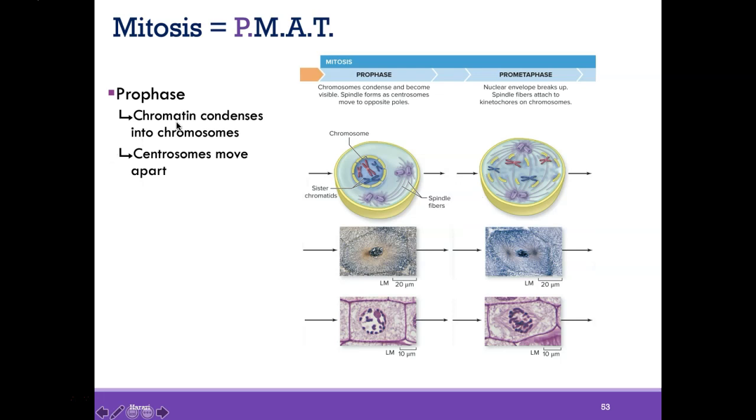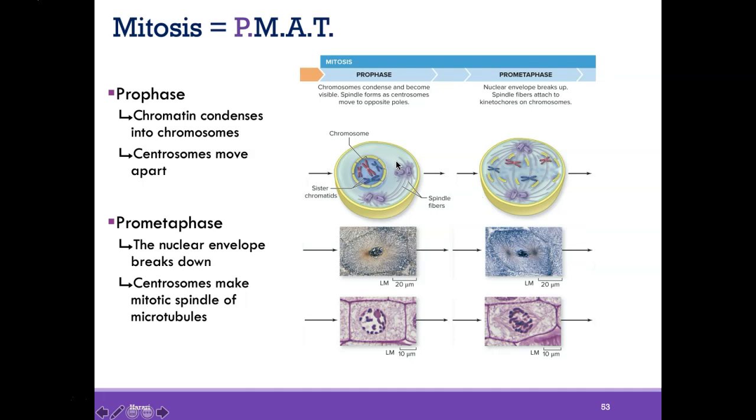During prophase, the DNA, the chromatin, will condense into chromosomes. Those become visible. At the same time, the centrosomes move apart, so they start going to opposite ends of the cell.